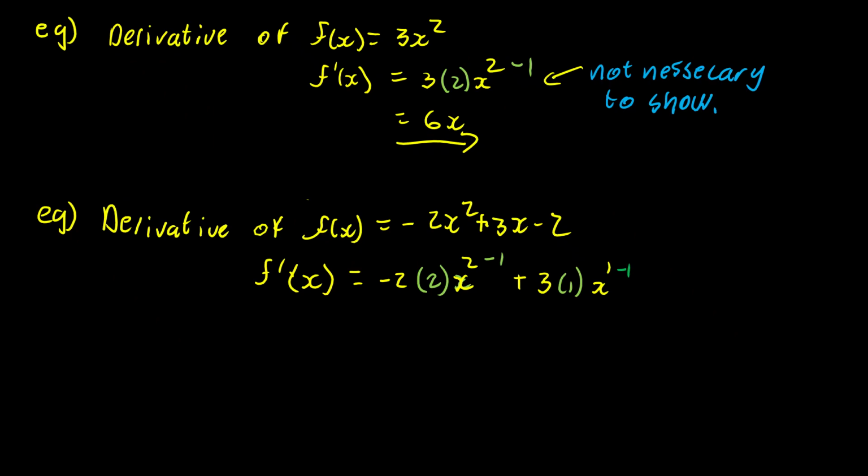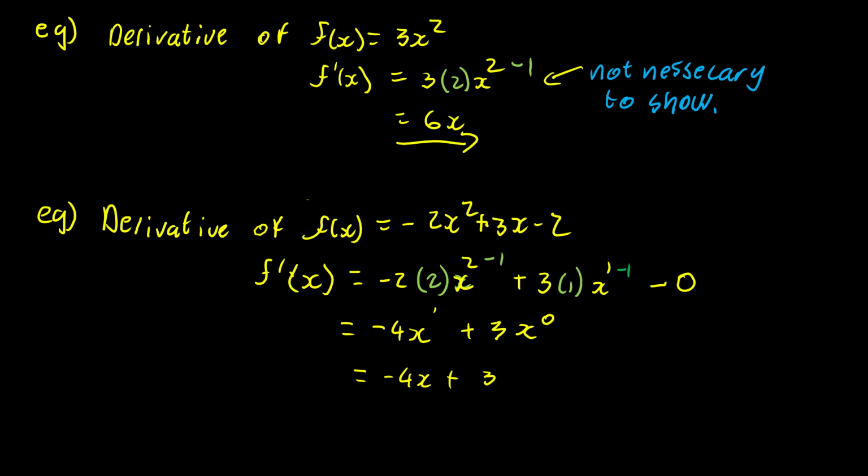And we know that the derivative of a constant is just 0. We simplify this. This gives us minus 4x to the power of 1, which is just x. And over here we'll have 3x to the power of 0, but x to the power of 0 is essentially 1. So that just means we have 3 left.